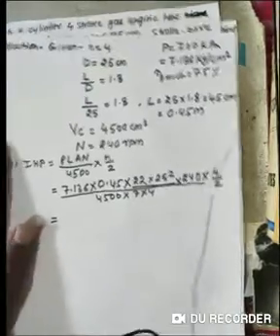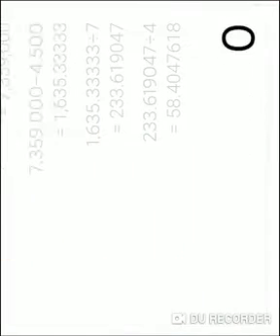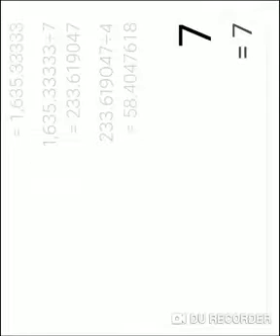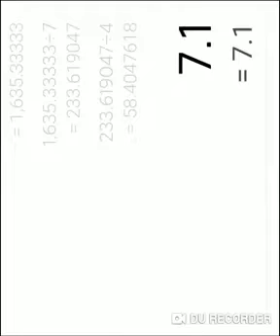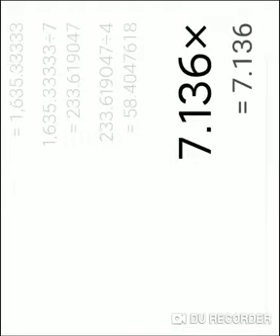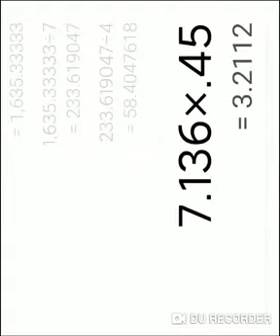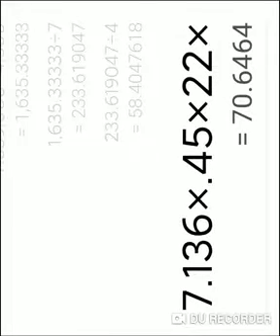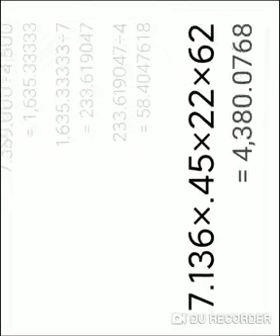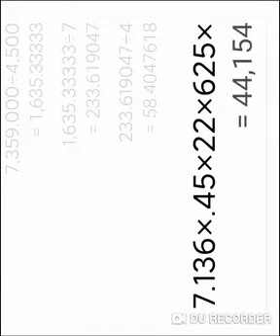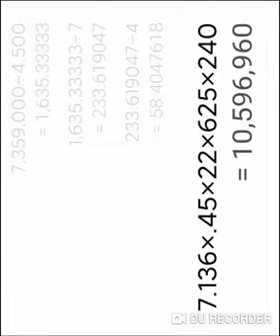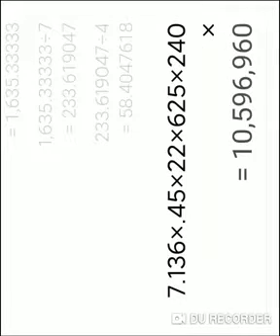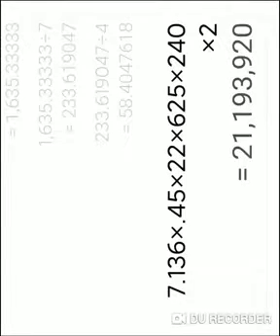So we have to open our calculator. So 7.136 multiplied by 0.45 multiplied by 22 into 25 square is 625, 240, and 4 divided by 2 is equal to 2.